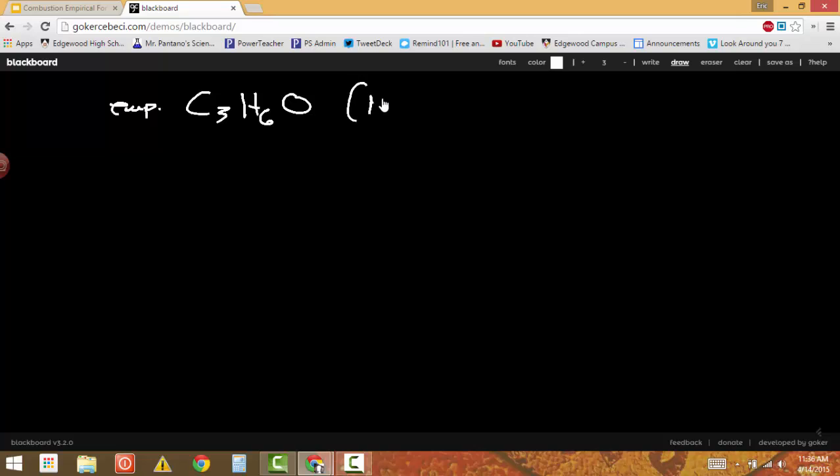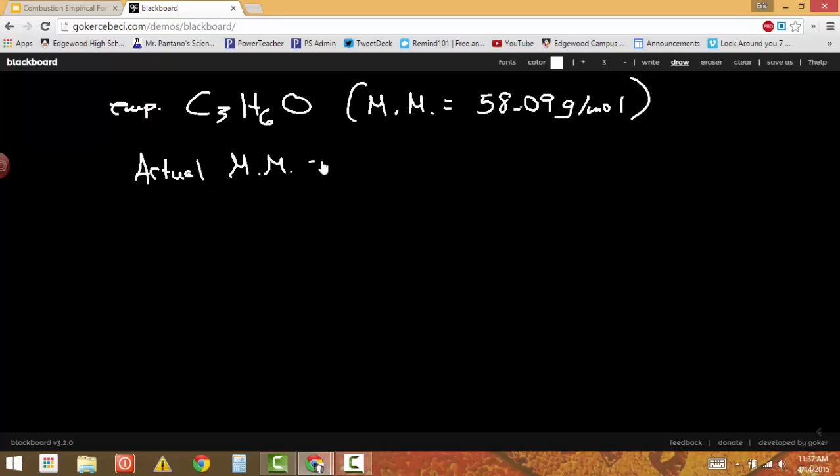The molar mass of C3H6O is 58.09 grams per mole. If my actual formula for caproic acid was C3H6O, its molar mass would be 58.09. But the actual molar mass that was given in the problem was 116.18.